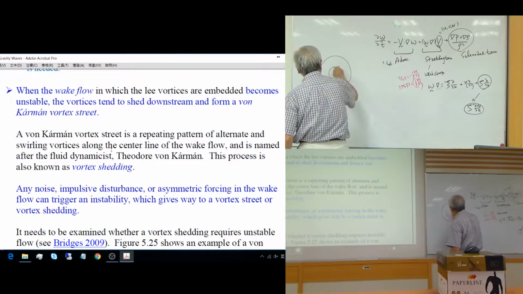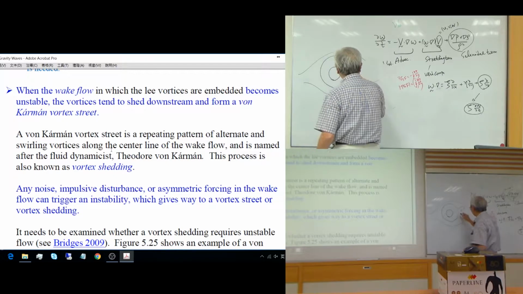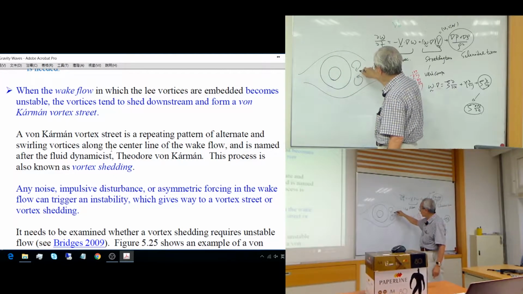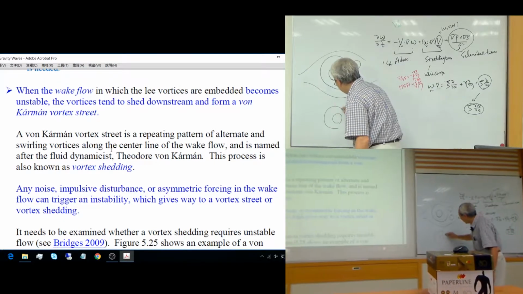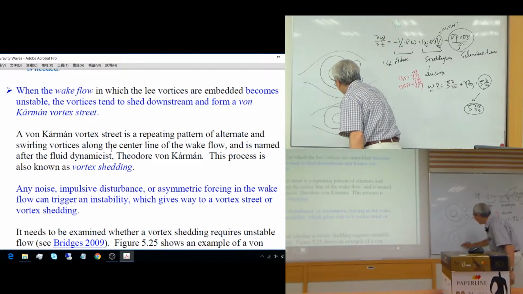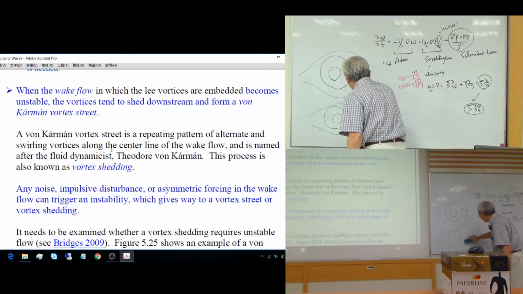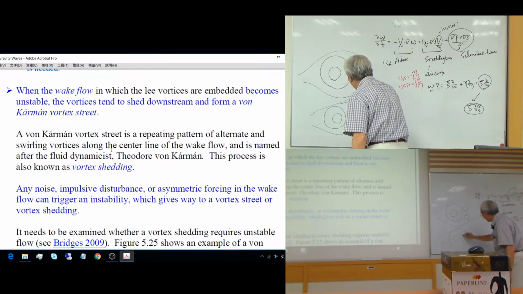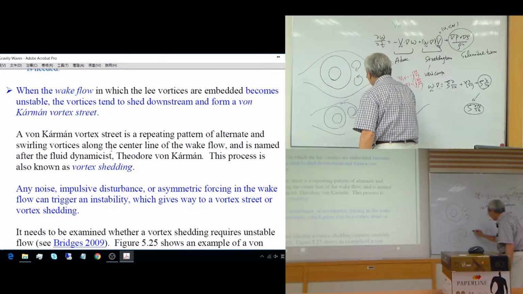So we have a mountain here. If those are not stable and not symmetric, we have a split, and then we have vortices one by one, like this.